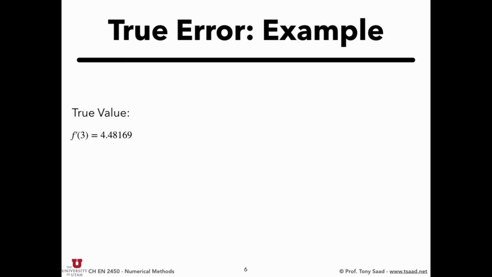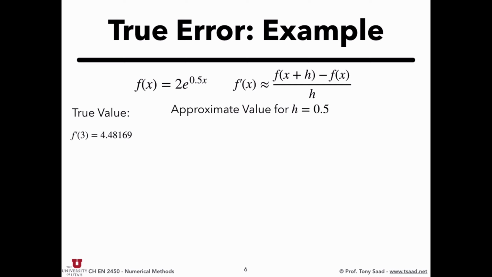Okay, so we just list the true value to remember it, and this is f of x, and the approximation is f of x plus h minus f of x over h. So for h equal to 0.5, f prime approximate at 3 is f at 3 plus 0.5 minus f of 3 over 0.5.